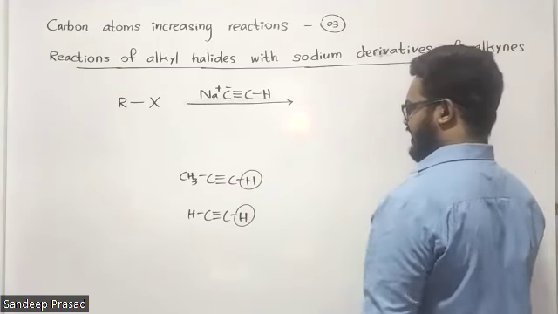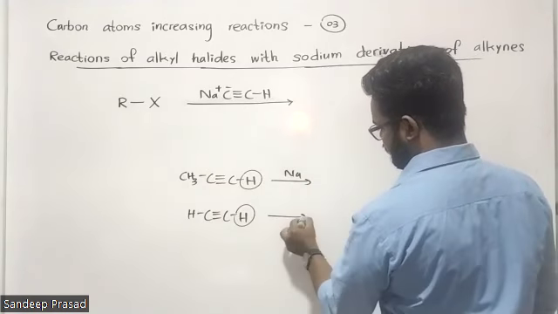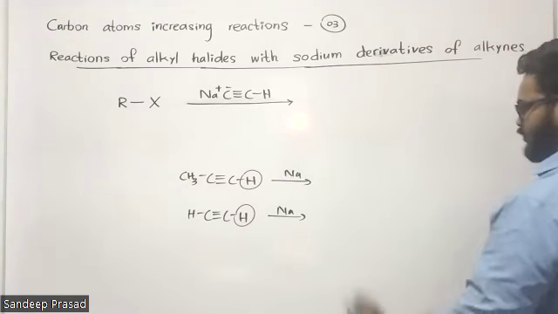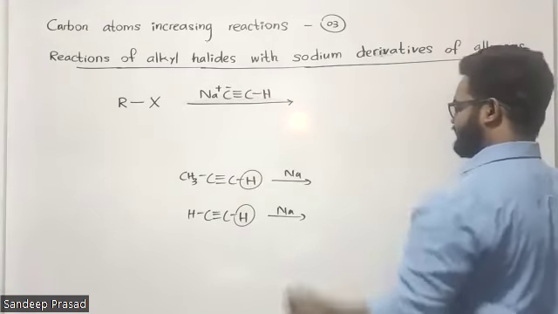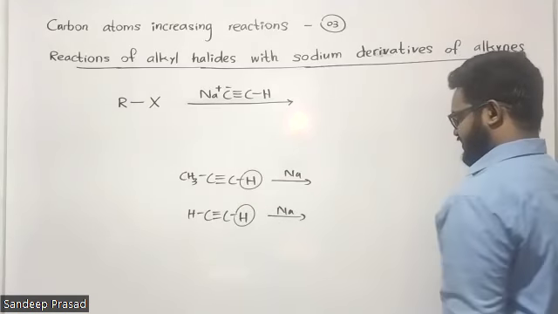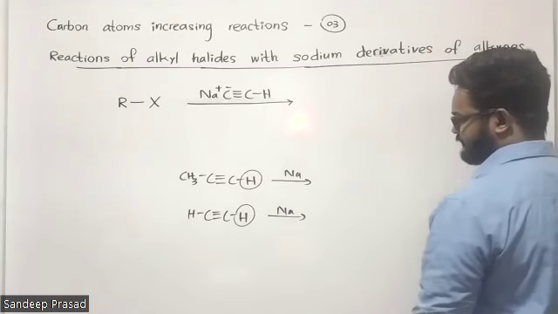These hydrogens can react with sodium-like metals. We are going to discuss this reaction separately later, but I want to remind you here how this compound, sodium acetylide, is made. These are acidic, terminal hydrogen-containing alkynes, and they react with sodium-like metals.